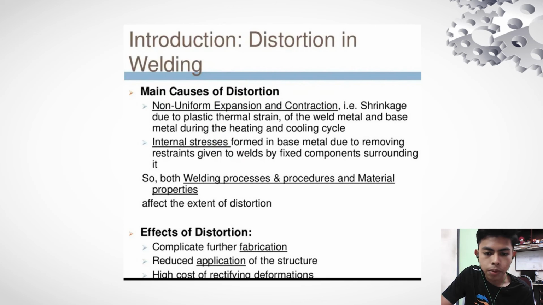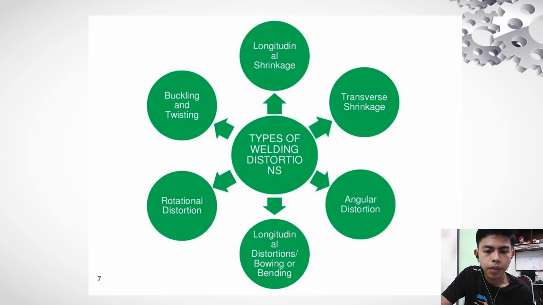So, both the welding process and material properties matter. Effects of distortion: complicate future fabrication, reduce application of the structure, and high cost of rectifying deformation.